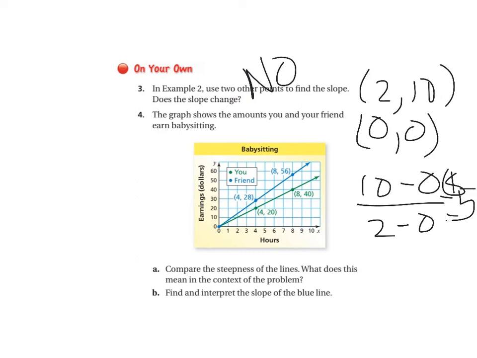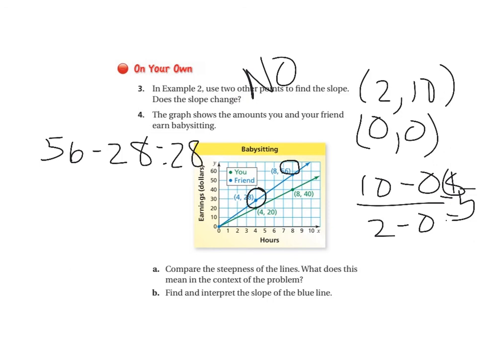And then it says find and interpret the slope of the blue line. So we're going to take these 2 points, 56 and 28, subtract, and that equals 28, if all is right with the world.